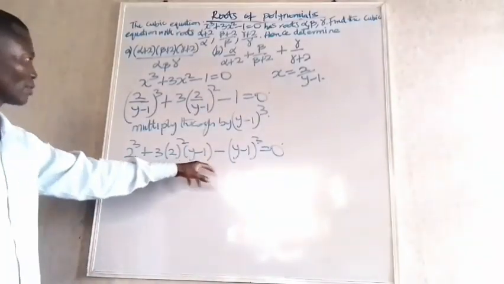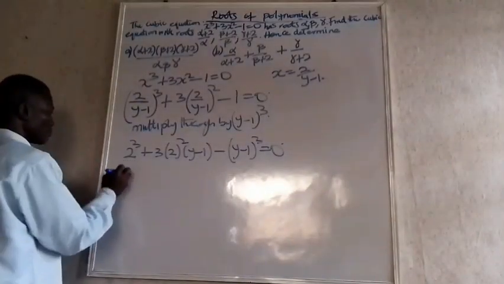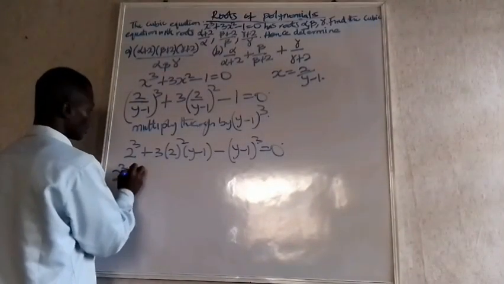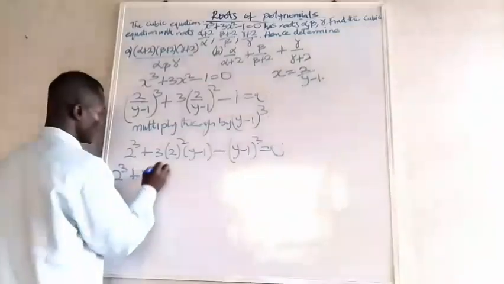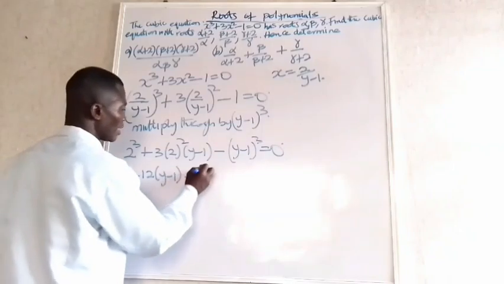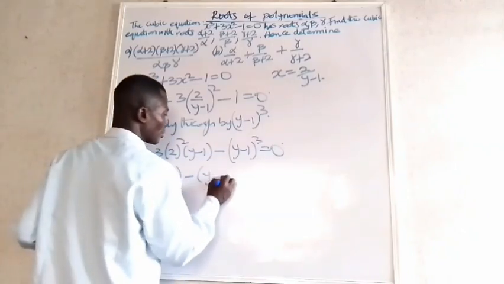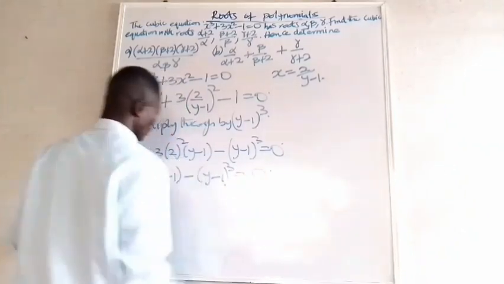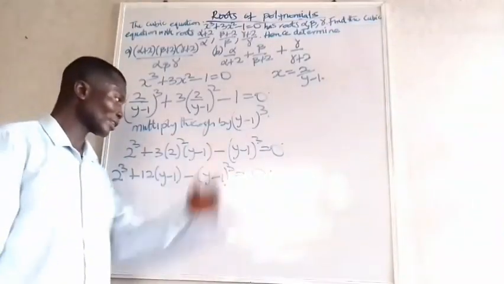So let's expand. So I have 2 cubed plus 12 into y minus 1 minus y minus 1 all cubed equals 0. So the best thing for me is to expand all cubed.